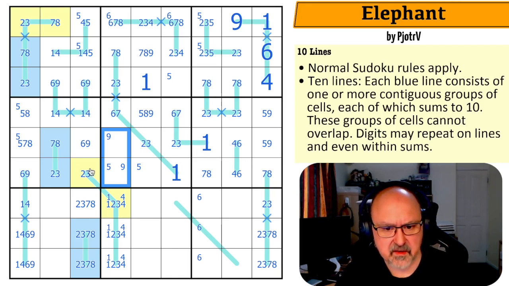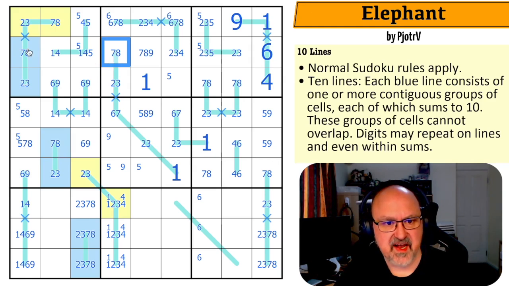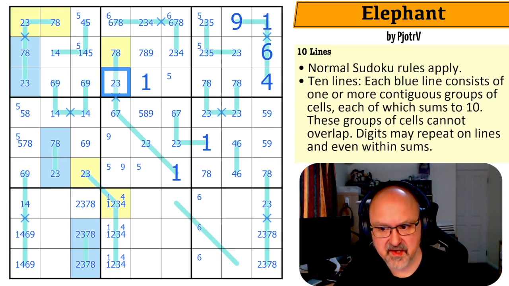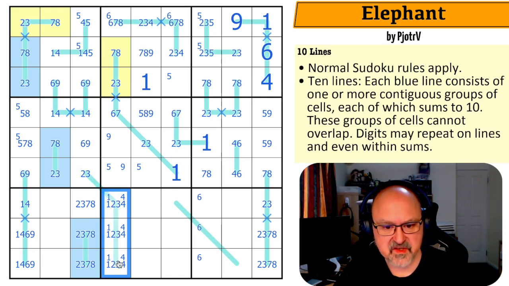Can I keep colouring? Well, this 7, 8 has to be yellow because it sees blue. So that's a yellow 7, 8. This is a yellow 2, 3. So this can't be a yellow 2, 3. Well, actually, no, the colouring here is wrong. So the 2, 3 down here must be blue.